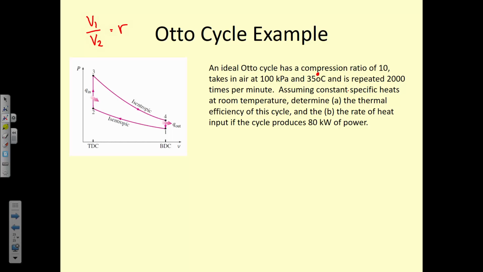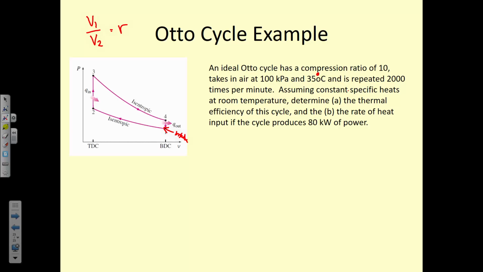Okay, so we take in air at 100 kilopascals. When we're talking about taking in air, it's at this initial point here, the intake, and 35 degrees Celsius, and then the cycle repeats 2,000 times per minute. Assuming constant specific heats at room temperature, determine the thermal efficiency of the cycle and the rate of heat input if the cycle produces 80 kilowatts of power.